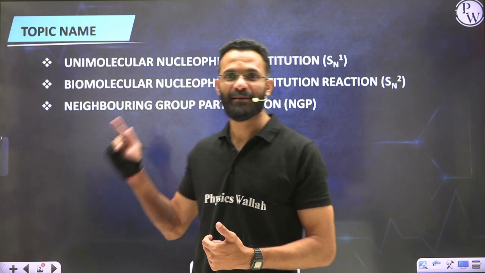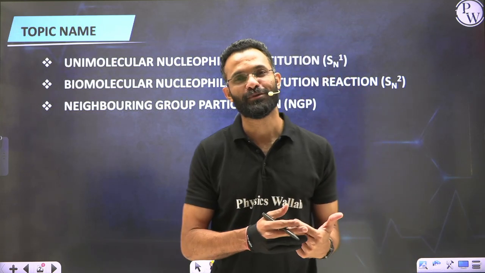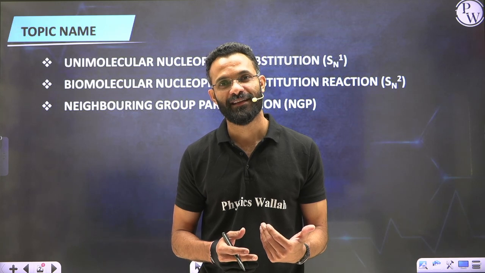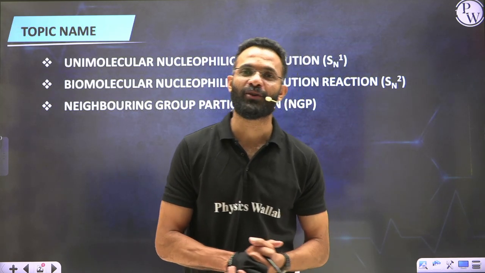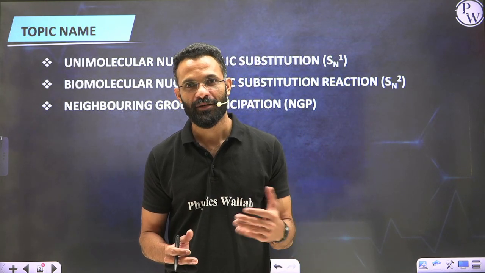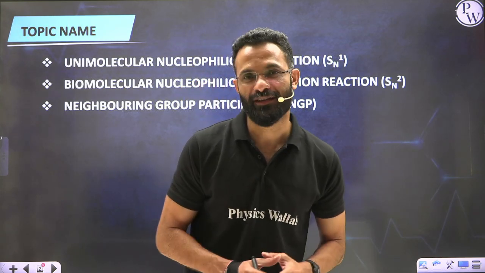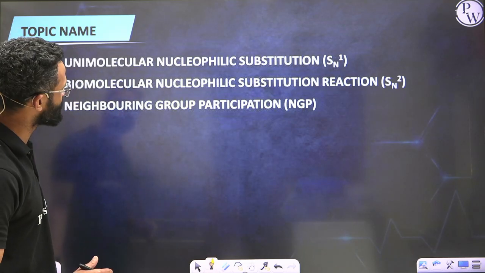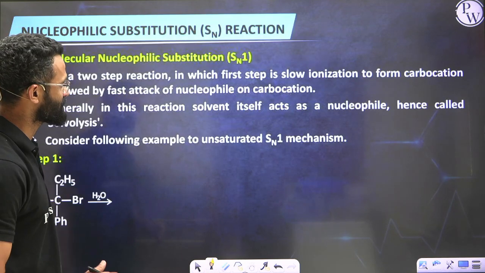Those further types are what you see on your screen: unimolecular nucleophilic substitution reaction, bimolecular nucleophilic substitution reactions, neighboring group participation, and just like that there also exists something called SNi, intramolecular nucleophilic substitution reactions, but we aren't covering that here. So to begin with, we will be studying today the first reaction mechanism, that is the unimolecular nucleophilic substitution reaction.